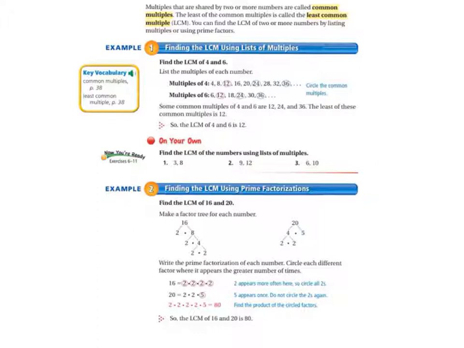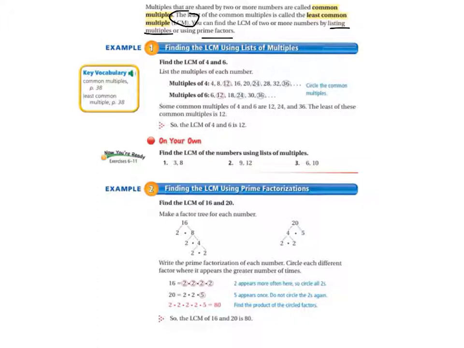The least of the common multiples is called the least common multiple, or LCM. You can find the LCM of two or more numbers by listing multiples or using prime factors. Yesterday we went over listing multiples, and today we're going to learn how to use prime factors to determine the LCM.